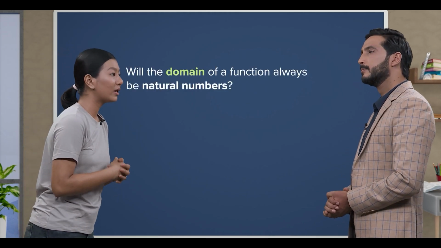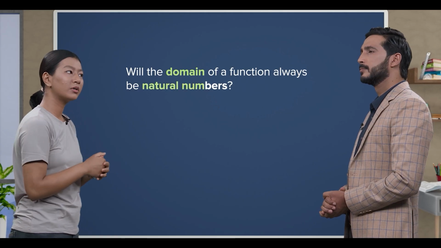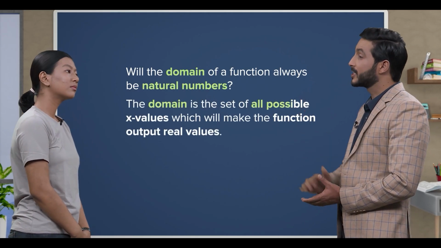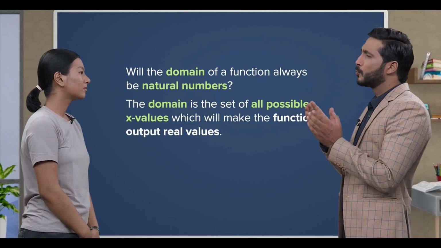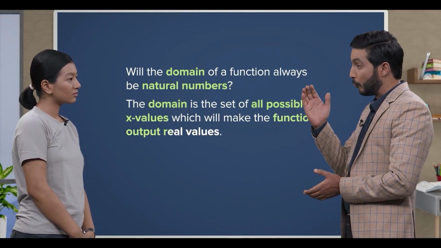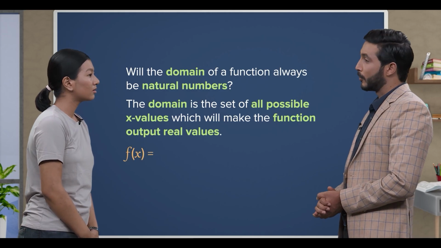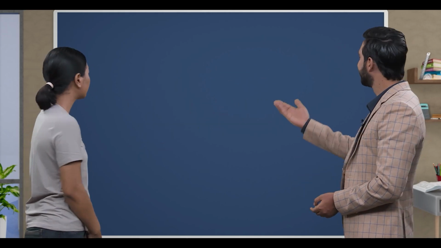Teacher, will the domain of a function always be natural numbers? Of course not. The domain is the set of all possible x values which will make the function output real values. Any examples? Let's look at f of x equals 2 over x.